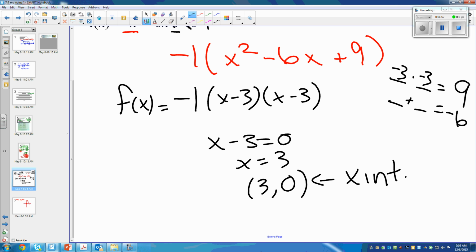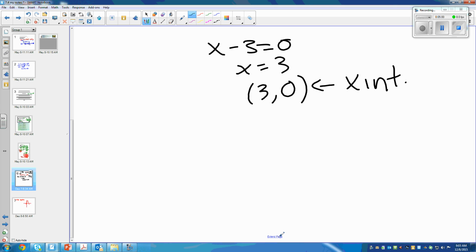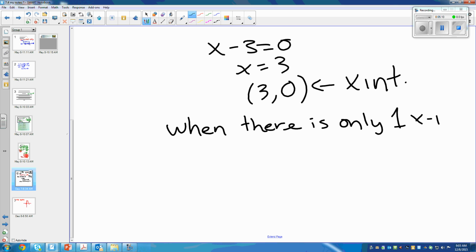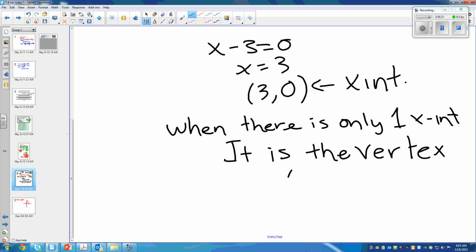When there's only one x-intercept, it is the vertex. That's what it means. So now we have a vertex at (3, 0), and we also have the axis of symmetry, which is x is equal to 3.